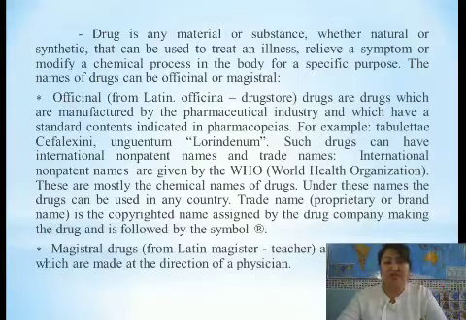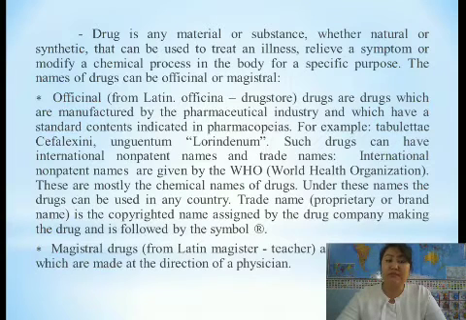Officinal drugs are drugs which are manufactured by the pharmaceutical industry and which have a standard content indicated in pharmacopoeias. For example, tabuletta cefalexini, unguentum loridenum. Such drugs can have international non-patent names and trade names.